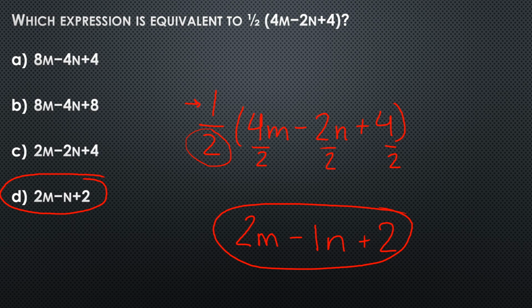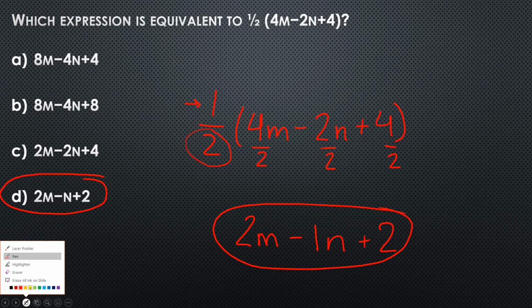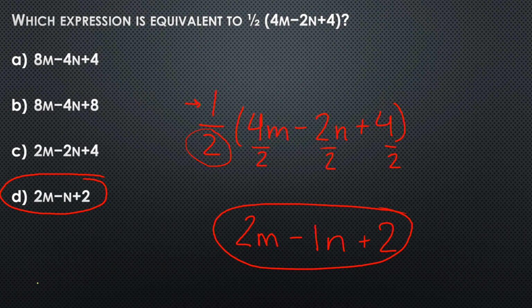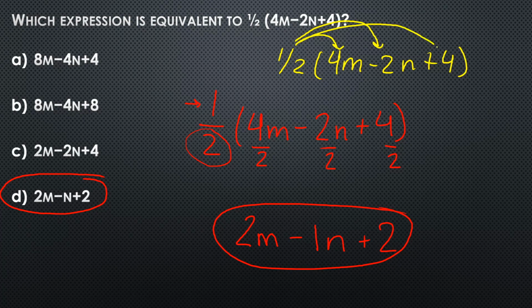What you could also do here is, if you don't like this approach, that is okay. You can do what we know. If I have this 1/2 4m minus 2n plus 4, I can type this into my calculator and just do 4 times 1/2, 2 times 1/2, and 4 times 1/2.